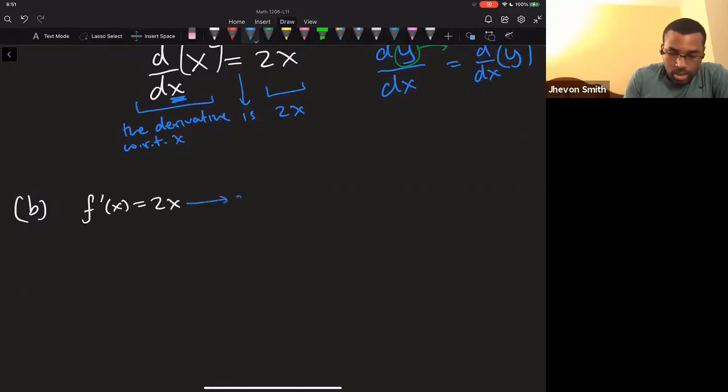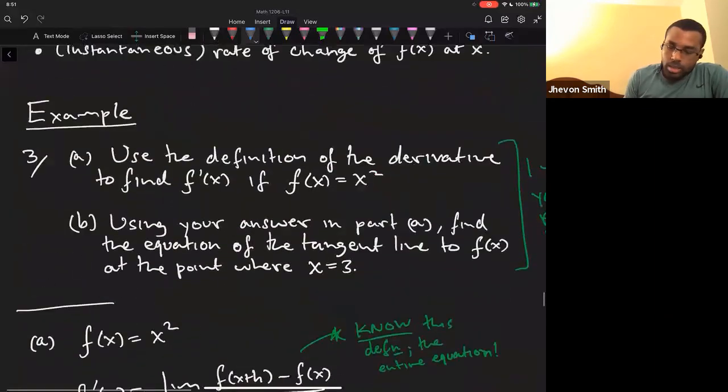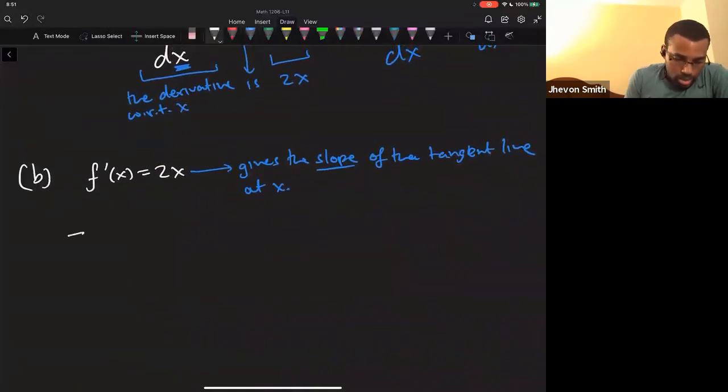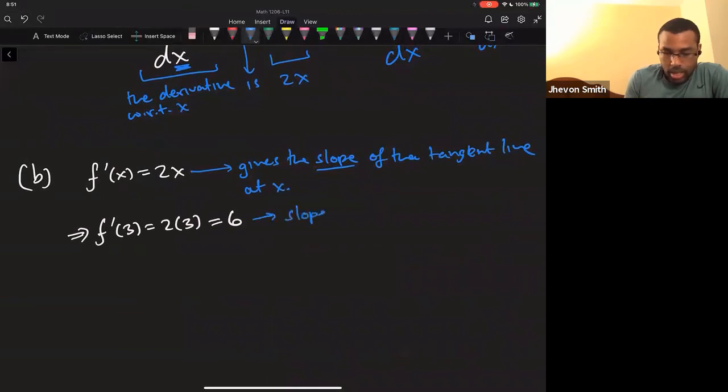This gives the slope of the tangent line at x. Which means if I want to find it where x equals 3, this means f prime of 3 is 2 times 3 equals 6. This is the slope of the tangent line at x equals 3.